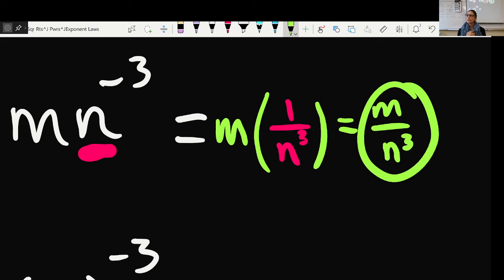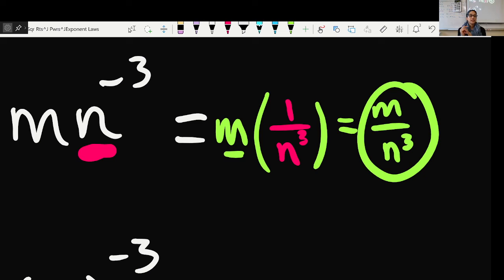If you multiply the m into the fraction, would it go on the bottom as well? Good question. No, because the m was always at the top. It didn't have a negative exponent. It started off at the top, so that doesn't move to the bottom. The m stays at the top. The only way it would is if I had a -1 or a negative something up there, then it would. But because it just started at the top, it stays at the top like that.